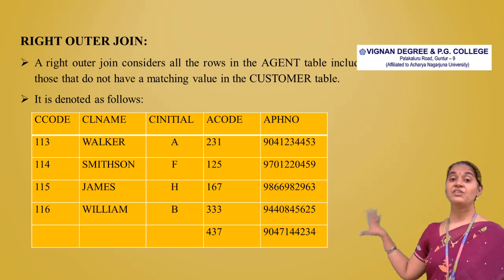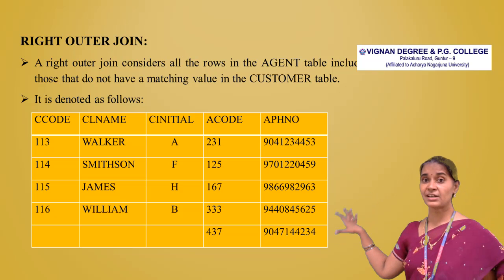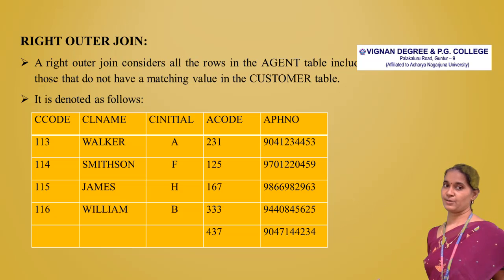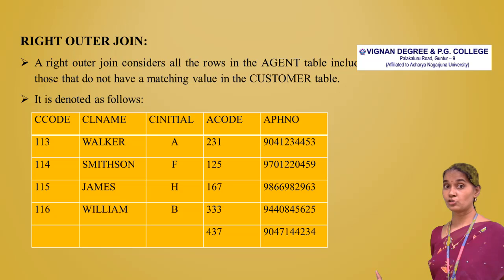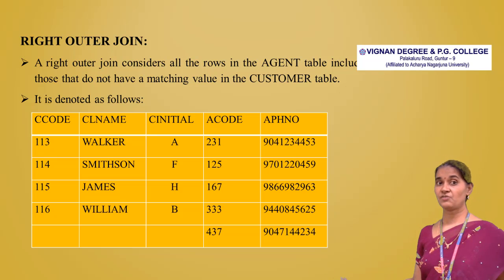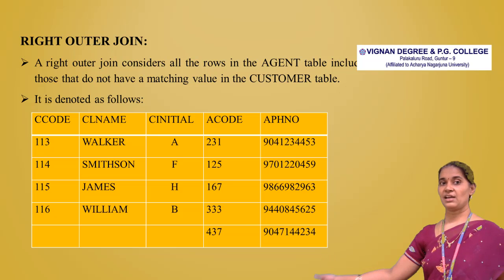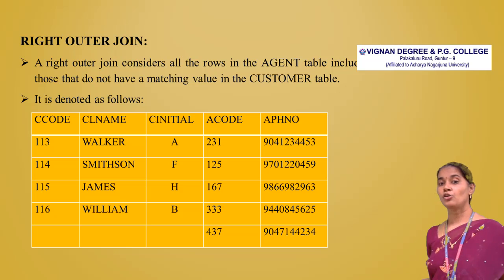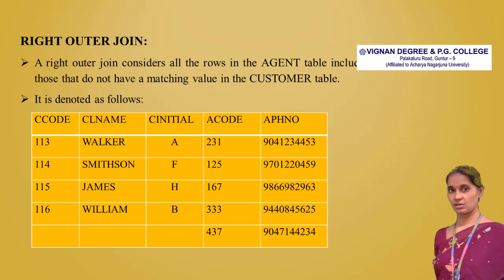Apart from that, if there are any values that do not match in the agent table, those values are also displayed here. If it is a right outer join, there will be null values on the left side of the table. If it is a left outer join, we will have null values on the right side of the table.